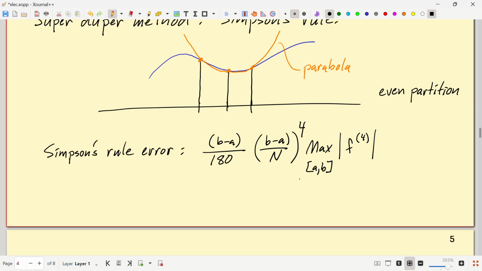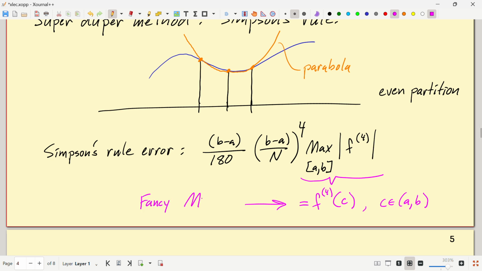You can replace the max here by a fourth derivative at C. So it's actually equal to that for some C in between A and B. This is kind of a fancy mean value theorem for analyzing these errors. Anyway, this is handled in section 7.5. It's a good thing to read, I think.